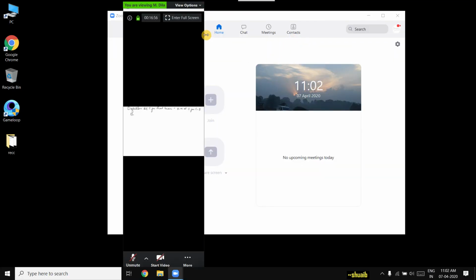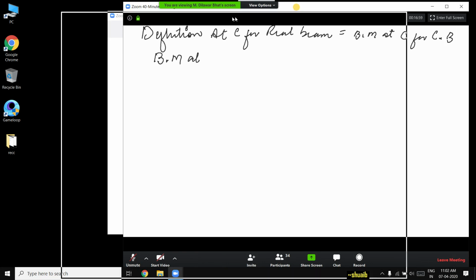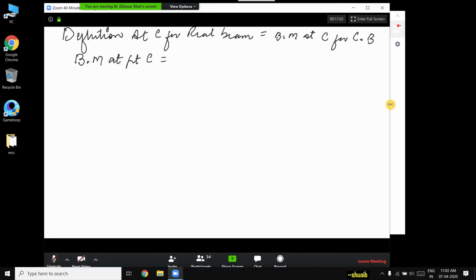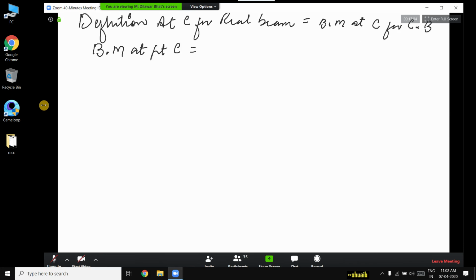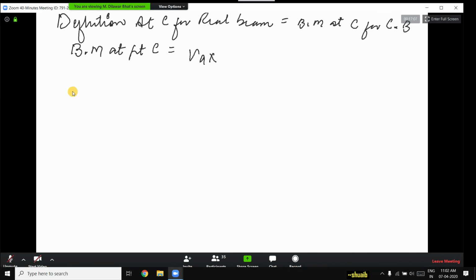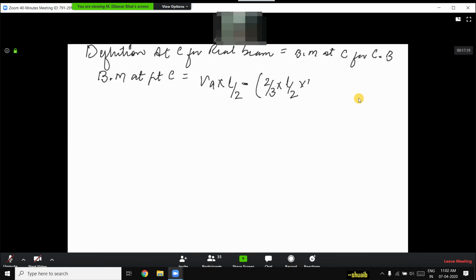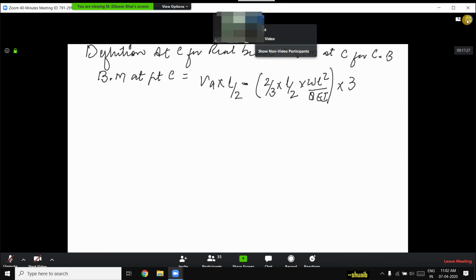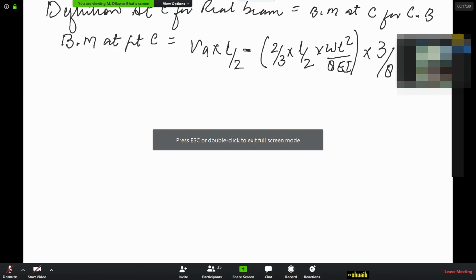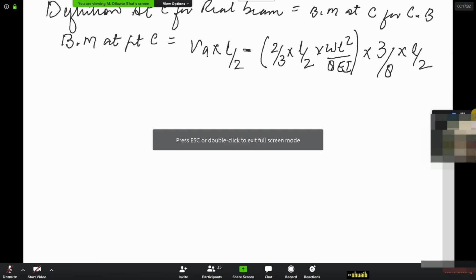First of all, we have to calculate the bending moment at point C. That will be simply equal to VA times L by 2, minus the load, which is 2 by 3 of L by 2 into WL square by 8EI, multiplied by 3 by 8 of L by 2.